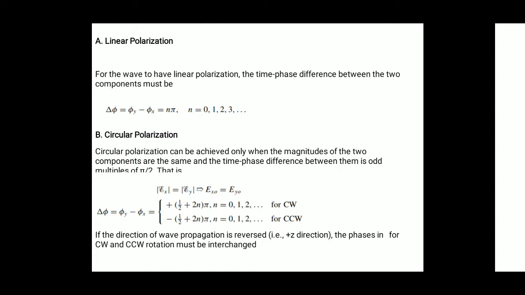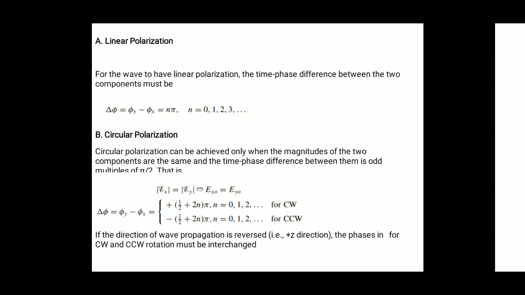And for circular polarization, the property is that the magnitudes of the electric field in x and y directions are equal, and the phase difference between x and y components is plus pi/2 plus 2n pi, where n is 0, 1, 2 and so on for clockwise polarization, and minus pi/2 plus 2n pi, where n is 0, 1, 2 and so on for counterclockwise polarization.